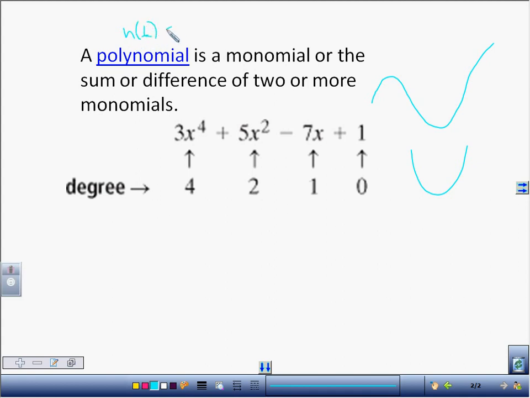H of t equals negative 1/2 at squared plus b sub 0 t plus h0. You know what that gives you? That's a real life application.